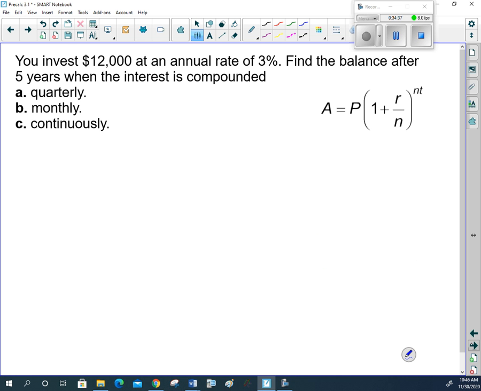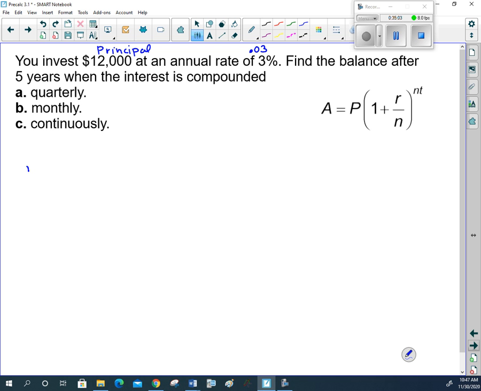So let's go ahead and do an application here. So it says you invest $12,000. So that's our principal, at an annual rate of 3%, so we're going to use 0.03. Find the balance after 5 years when the interest is compounded quarterly, monthly, and continuously. So our time is 5.